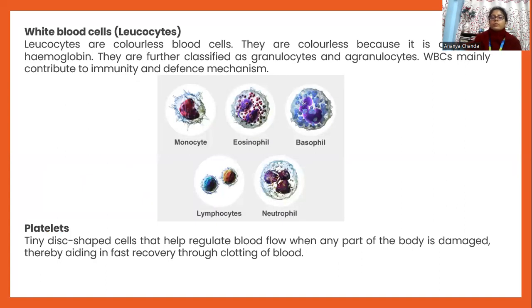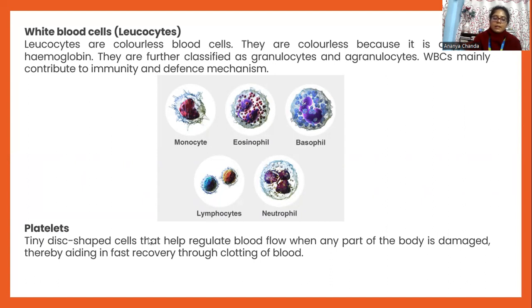WBCs mainly strengthen the immune system and the defense mechanism against any foreign particles or foreign agents. The granulocytes consist of neutrophils, eosinophils, and basophils, and the agranulocytes have lymphocytes and monocytes. They have nuclei of different shapes and structures.